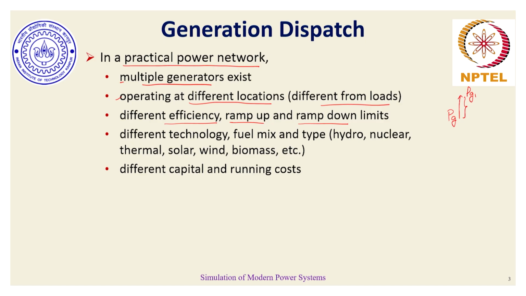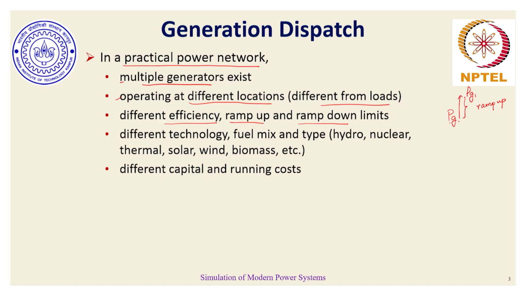Every finite physical generator has limited ramp up capacity, which means that it would require an appreciable amount of time to change its generation from PG to PG1.